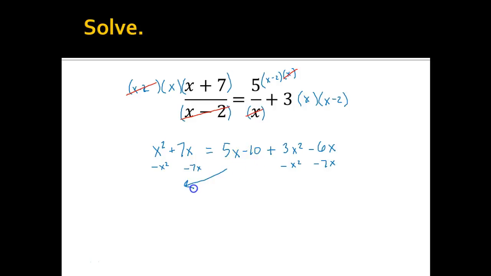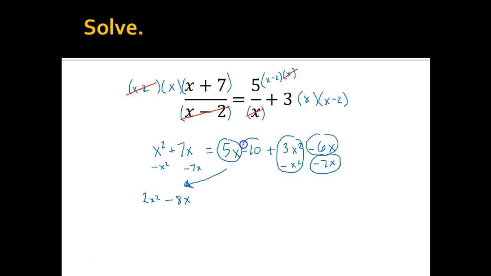And again, I'm going to write those on the left side, even though technically I'm working on the right side. So I have all my x squareds added together. It's 3x squared minus 1x squared, which is 2x squared. And then I have all my x's, so 5x minus 6x is negative 1x, minus 7x is negative 8x.